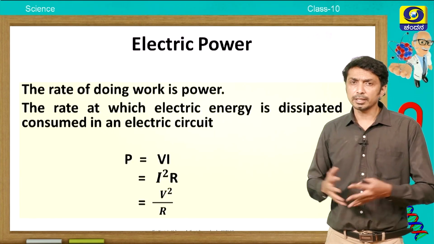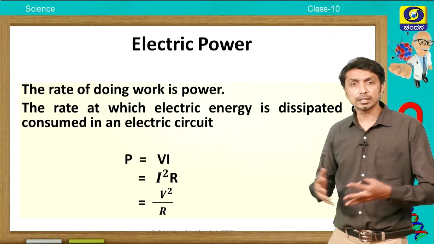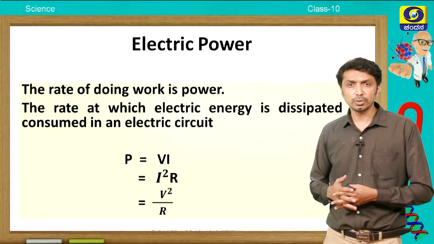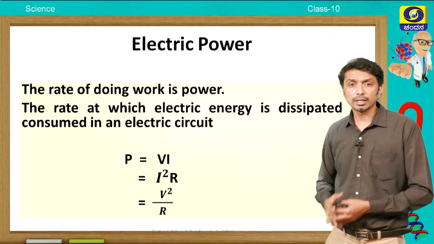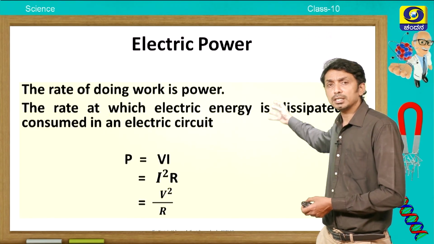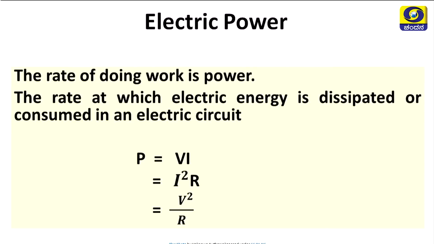Children, earlier you saw electrical power means rate of doing work by making use of electrical energy. So here the rate at which electrical energy is consumed or dissipated is called electric power.